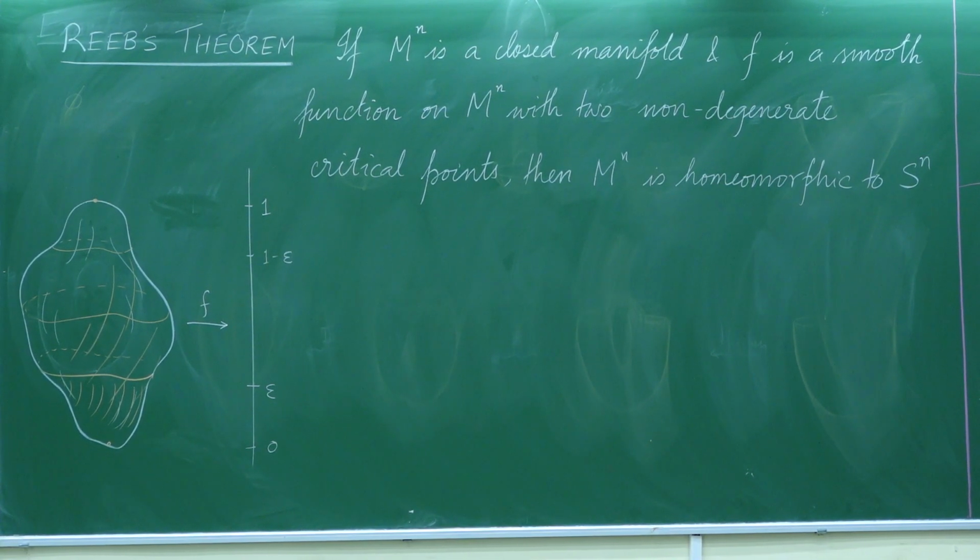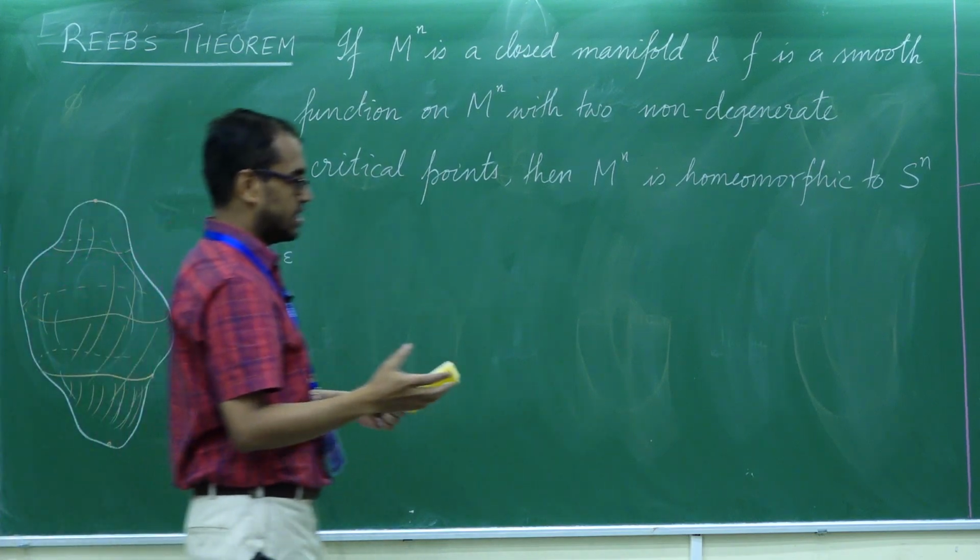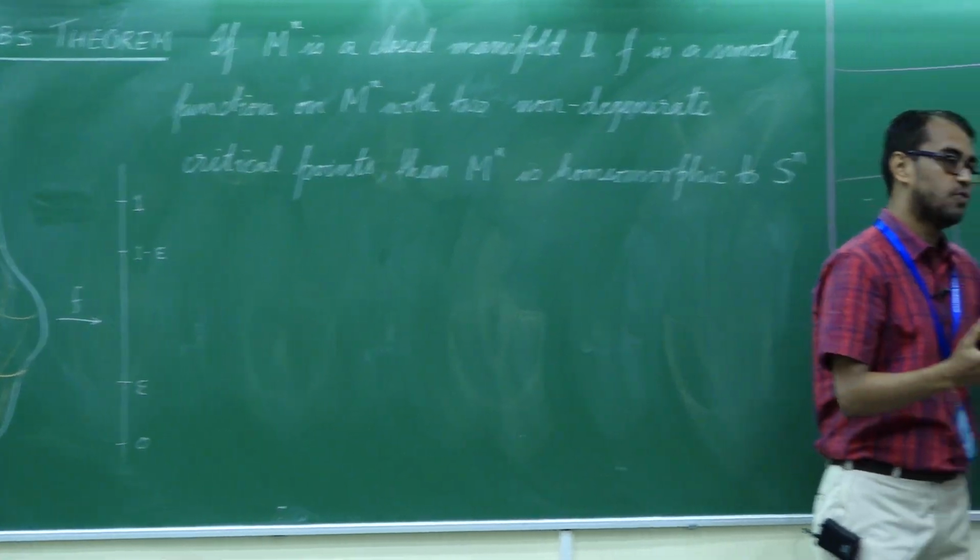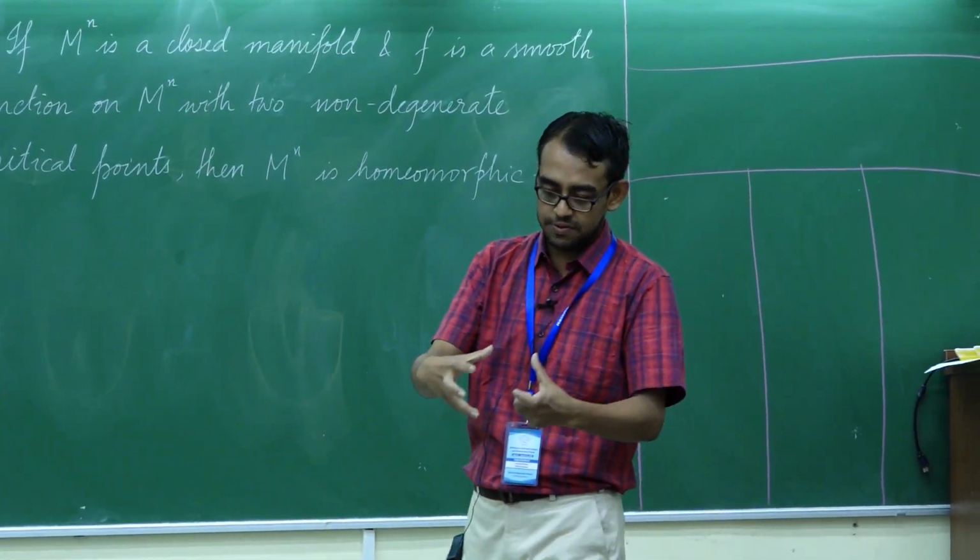So I'll simply mention, because I don't want to go into the whole construction of exotic spheres because there are other things that I want to talk about, what he did was he was trying to study S3 bundles over S4. So S3 is the 3 sphere, S4 is the 4 sphere.